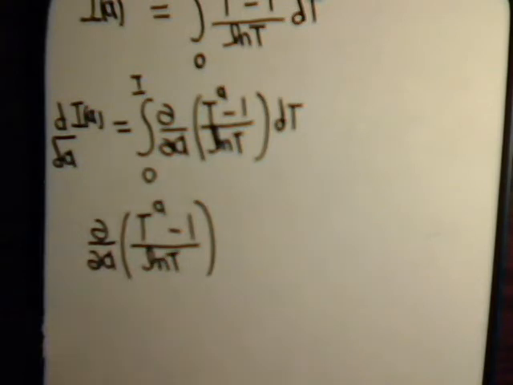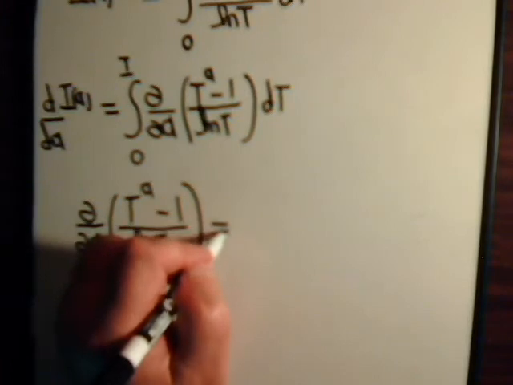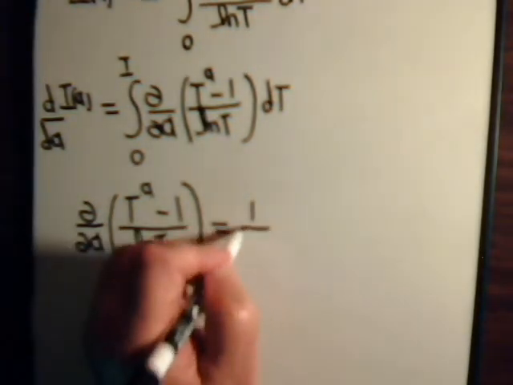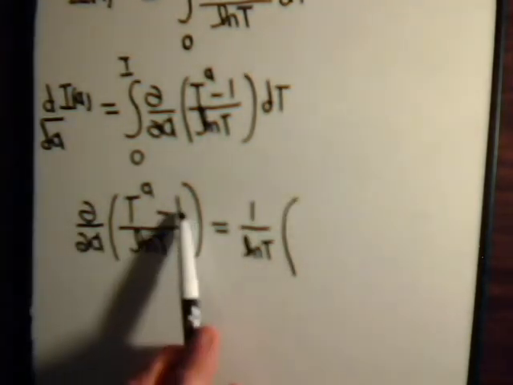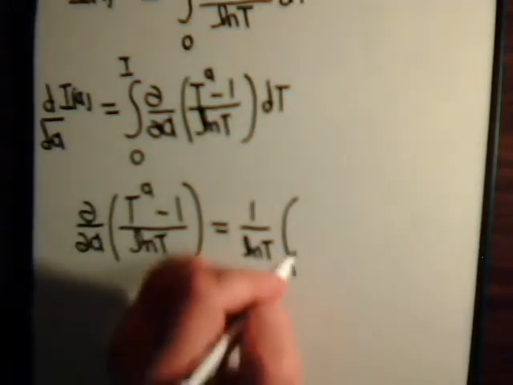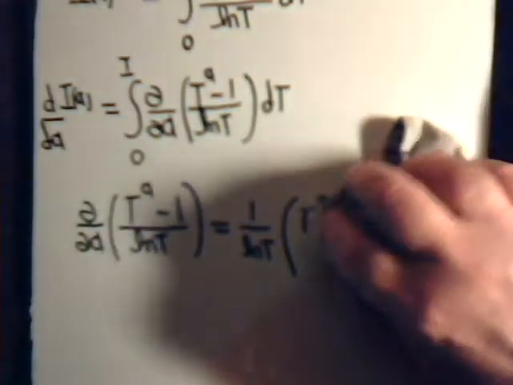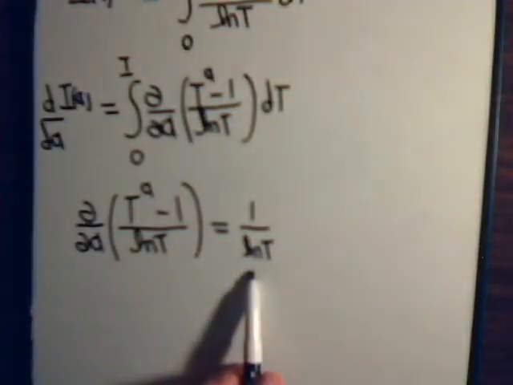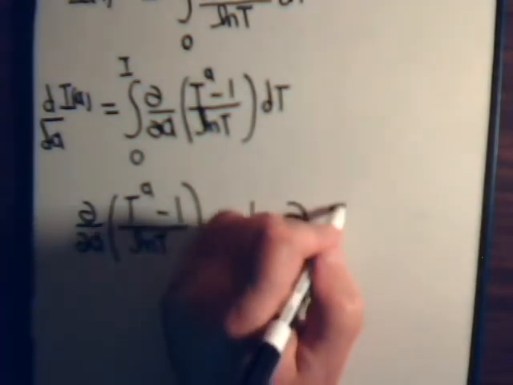Of course, we treat t like it's a constant, because we're differentiating with respect to a, so this will equal just 1 over the ln of t. The partial of this is going to be 0. Then we have the partial of t to the a, except we didn't write it as a partial sign in here. So we have 1 over the ln of t, treating this as a constant. The partial of this, that's 0. So we have left the partial with respect to a of t to the a.